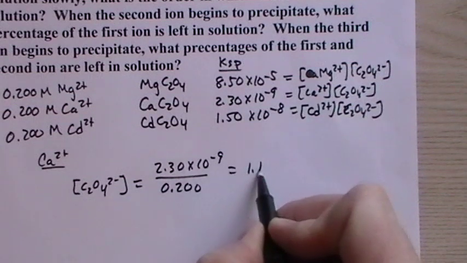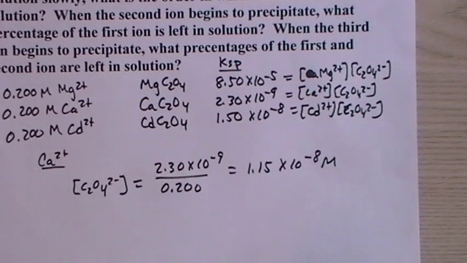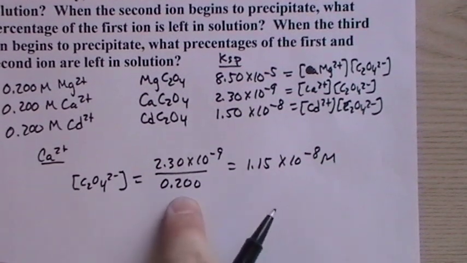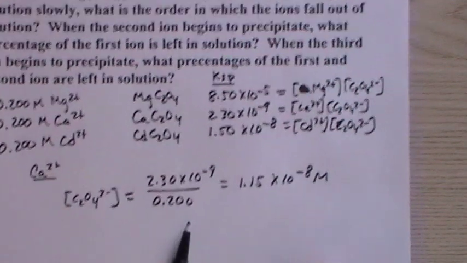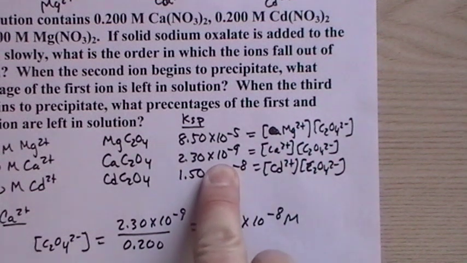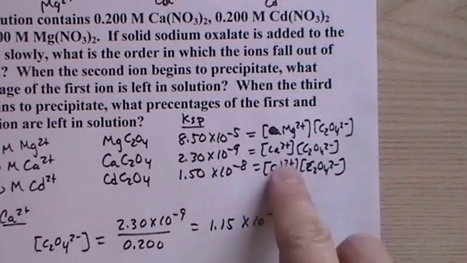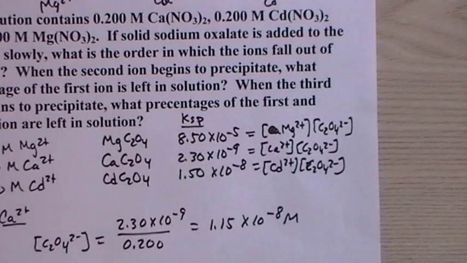That gives us 1.15 times 10 to the minus 8 molar. If we think in terms of QC, if the concentrations are greater than this number, then there will be a precipitate. If they're less than that number, then they won't precipitate. And if they're exactly that number, that's just when they start to precipitate.